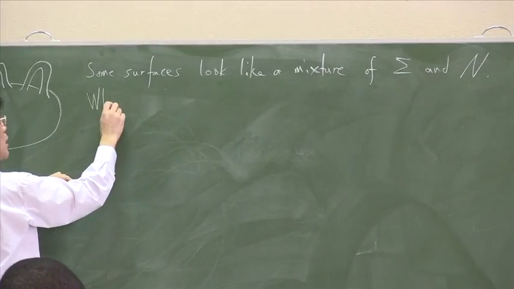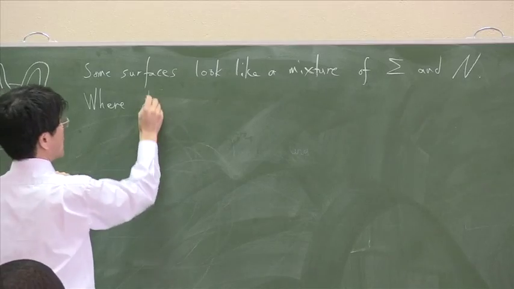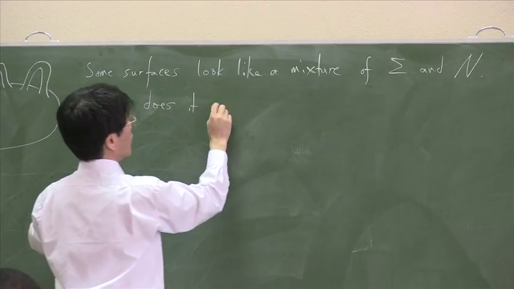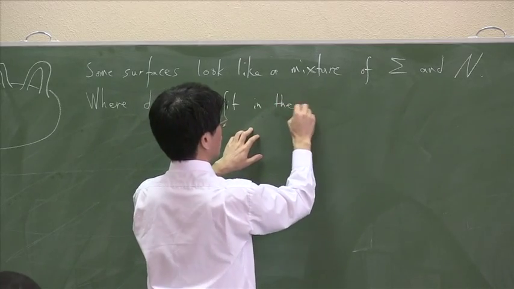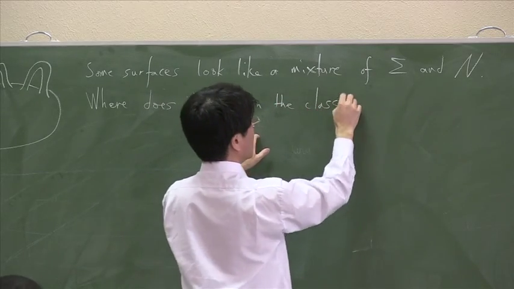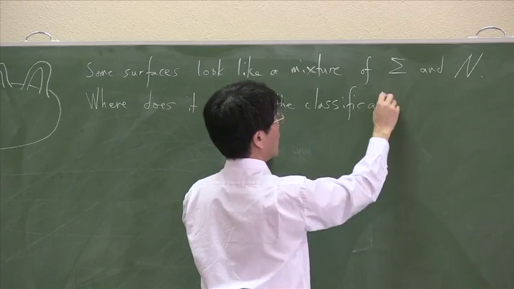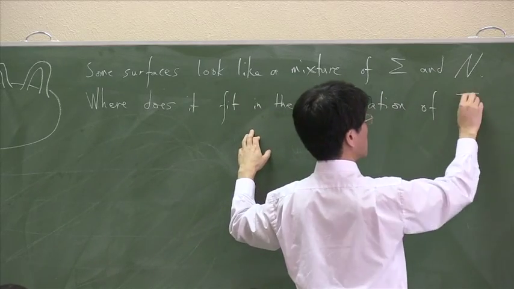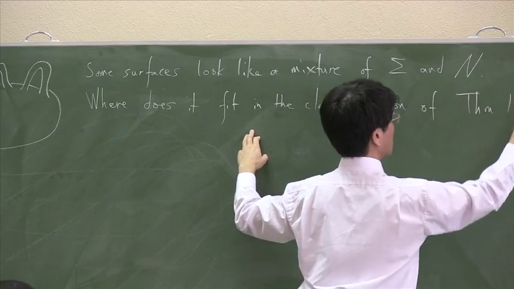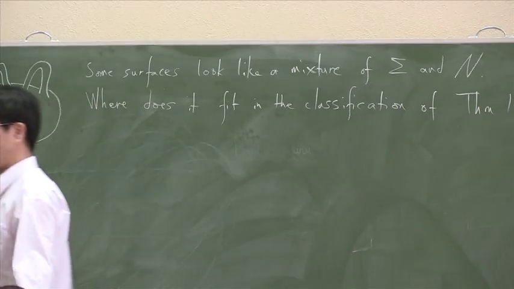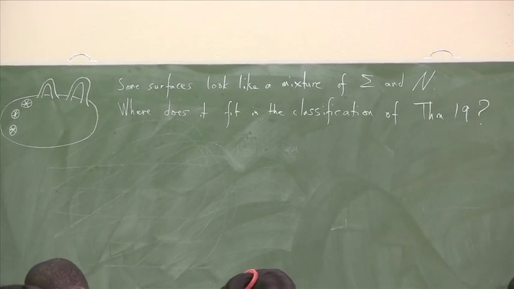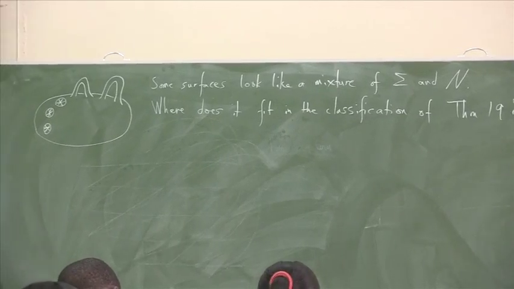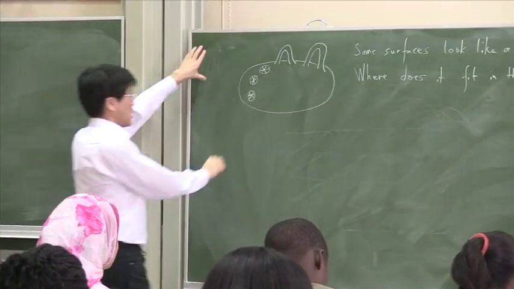Question then, where does it fit into the classification of surfaces, which was stated in theorem 19? It should be just a bunch of handles or just a bunch of Möbius strips, but there might be a mixture. So how do you do this?